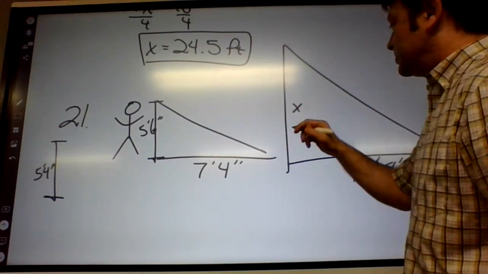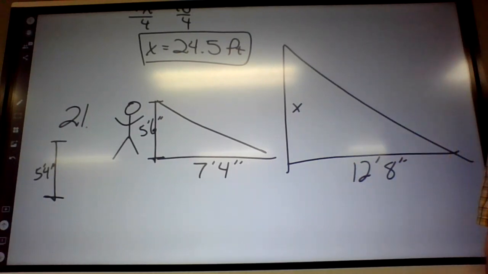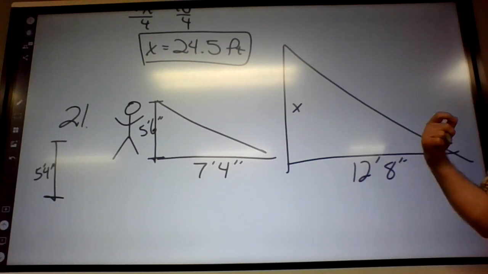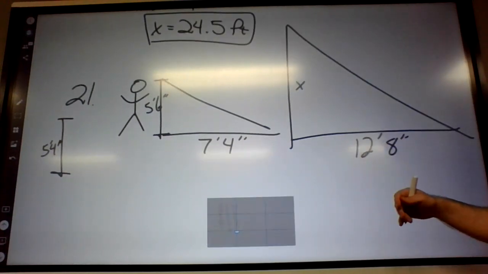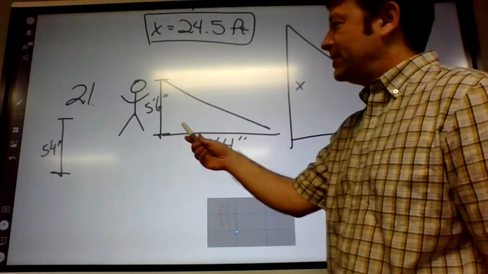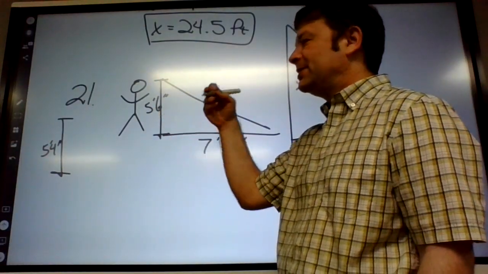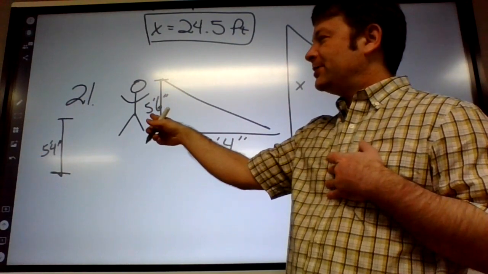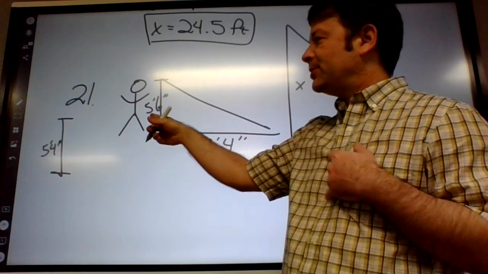So that's the x right there. Yeah, 5'6" is not 5.6. It's 5 feet 6 inches, which means 66 inches. 5 feet is 12 inches each, so it's 5 times 12 plus 6.